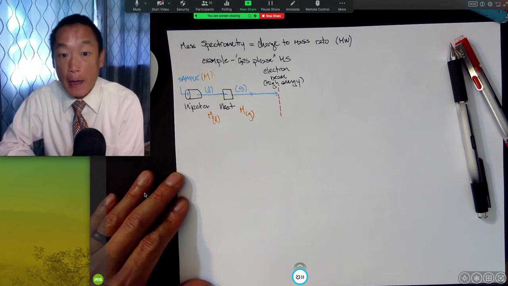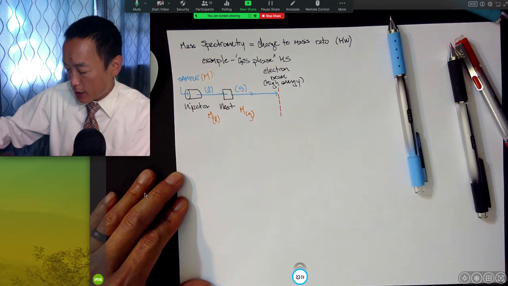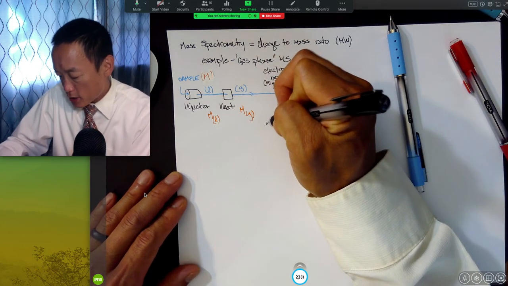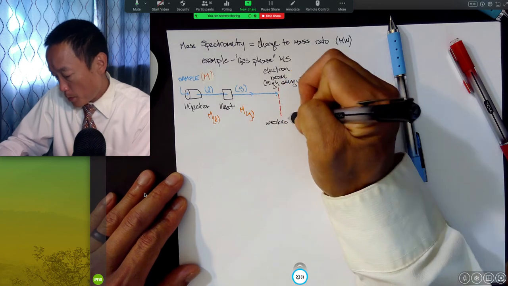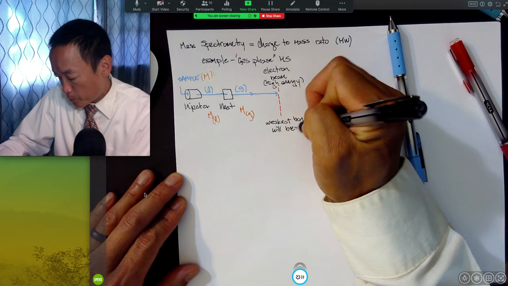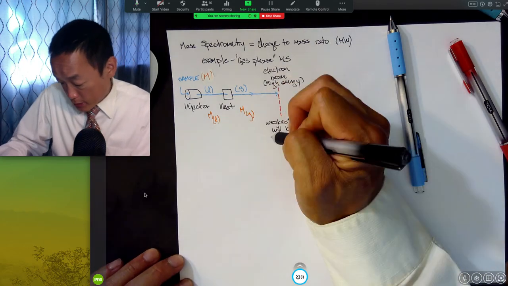At this point, this is at an energy where the weakest bond will break. And in fact, all bonds will break.